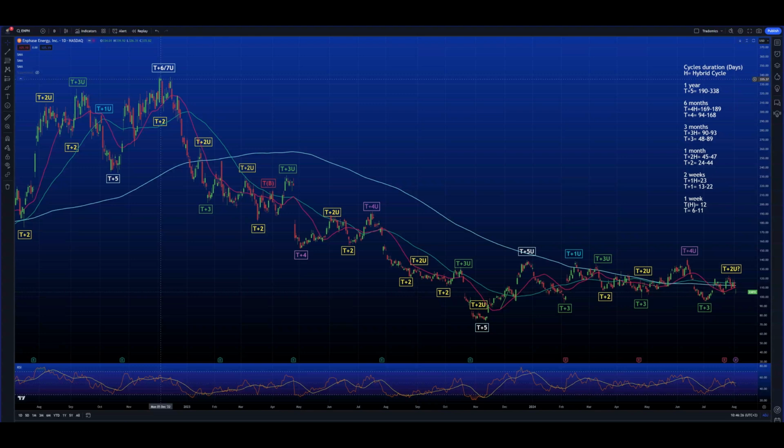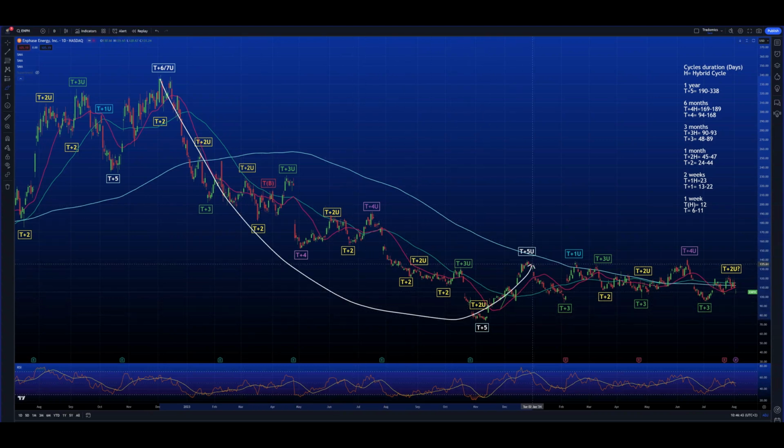So we start with the top, as previously said, that occurred on the 5th of December 2022, in which we had the first yearly upward T plus 5 or yearly cycle that has had this shape here.